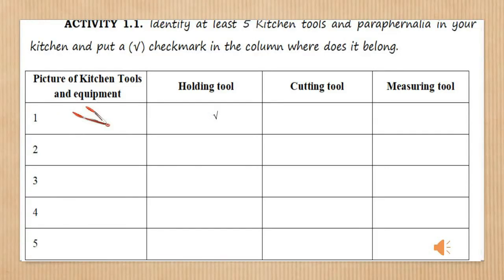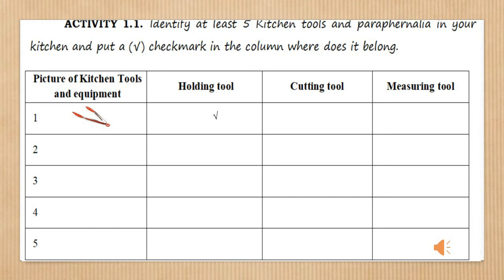Okay, let us now proceed to our activities. Activity number 1. Identify at least 5 kitchen tools and paraphernalia in your kitchen and put a check mark in the column where it belongs. Example is given to you. Picture of kitchen tools and equipment.